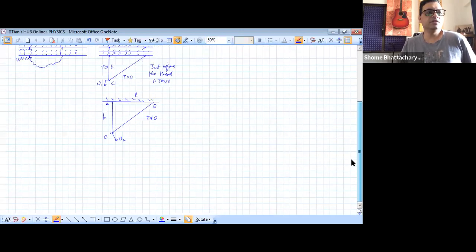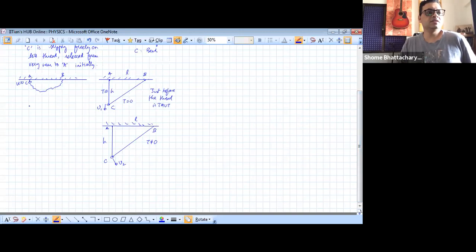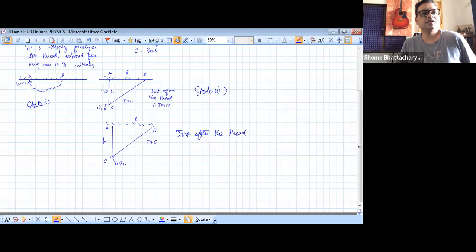So let us say this is state 1. That's the initial state. Then this is state 2, just before the thread becomes taut. And this is just after the thread is taut. So this is state 3.